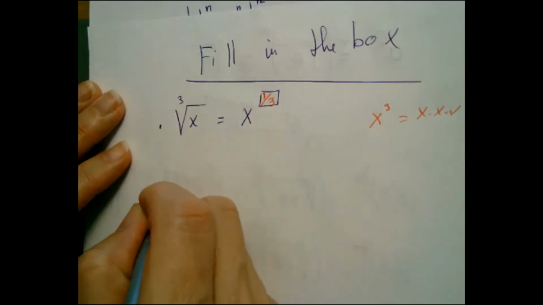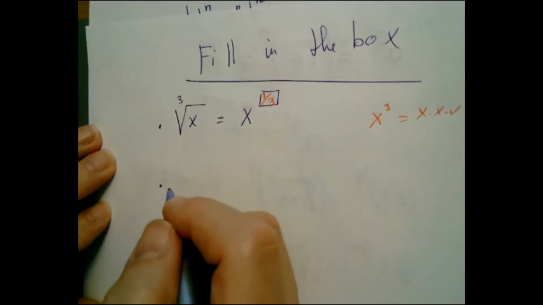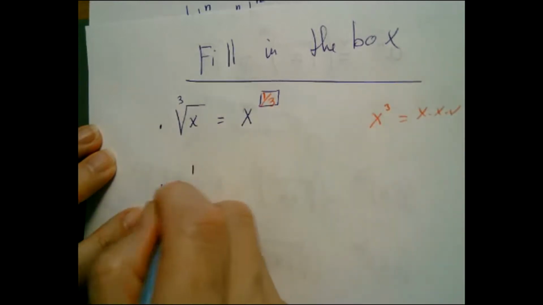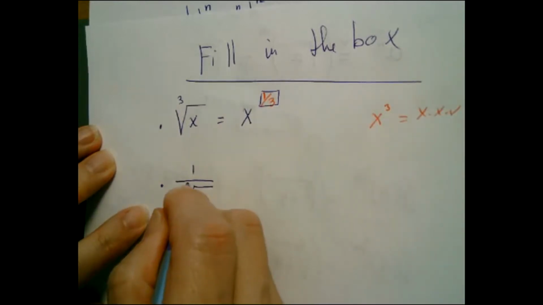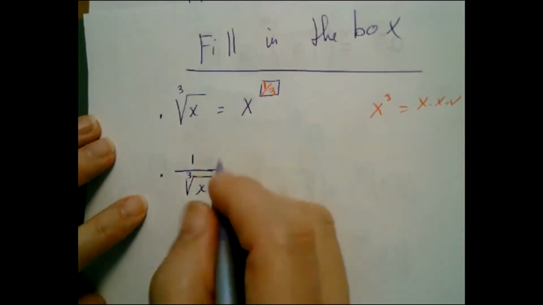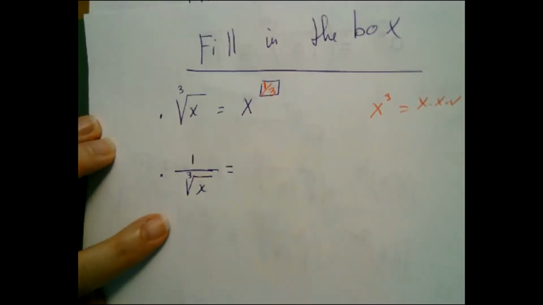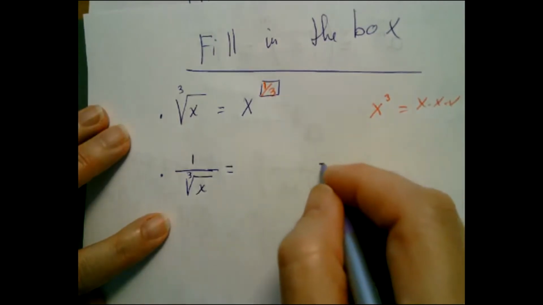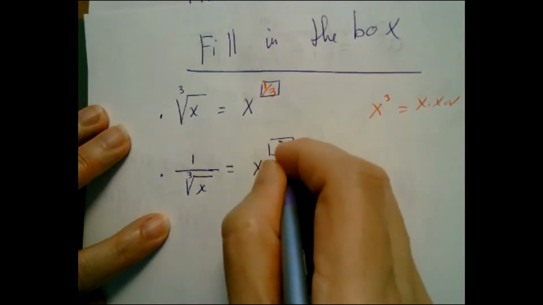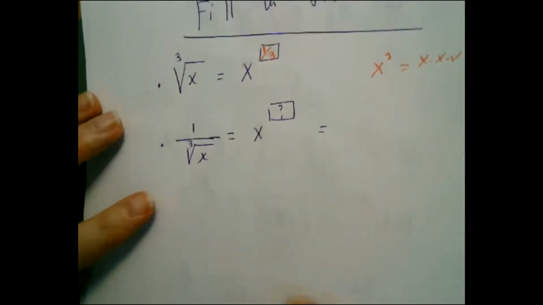All right, I will give another one. Let us say I give you 1 over the cubic root of x. How will this be affected? What do you think is going to be the power? So my question is, x to which power?